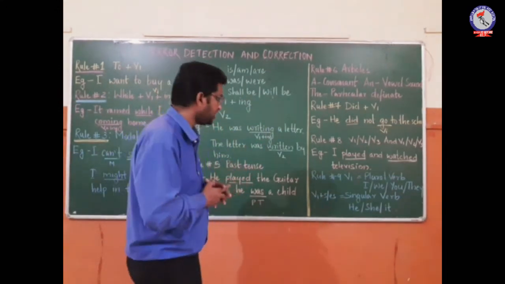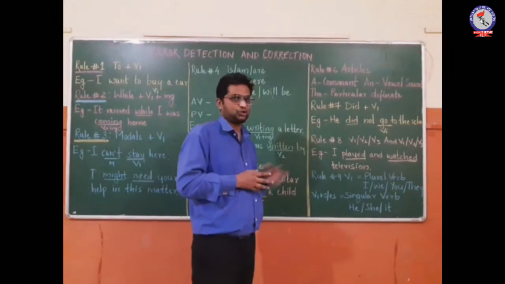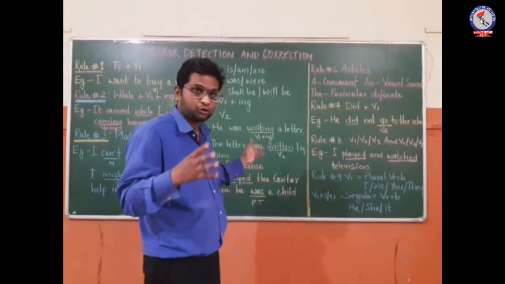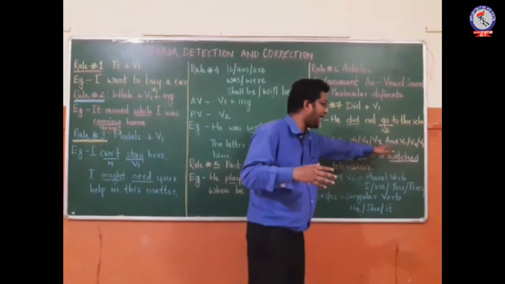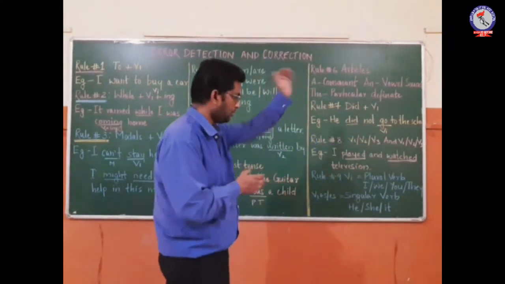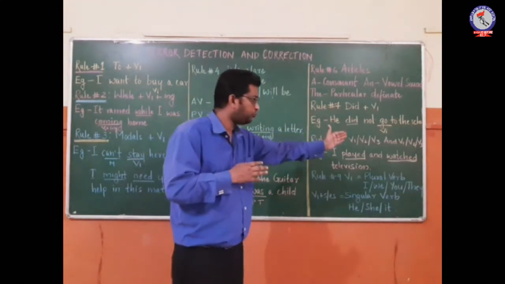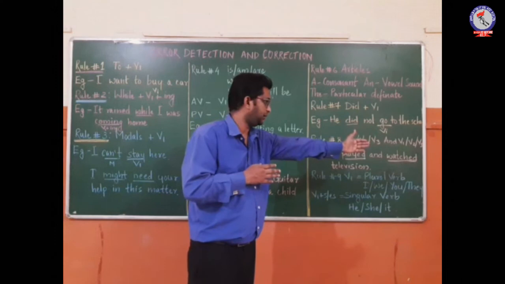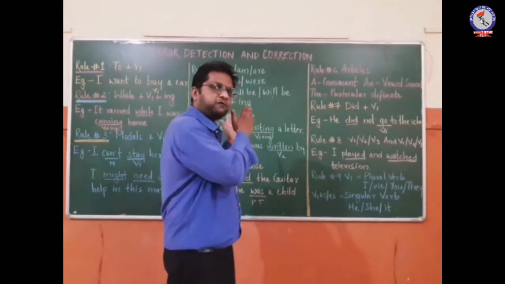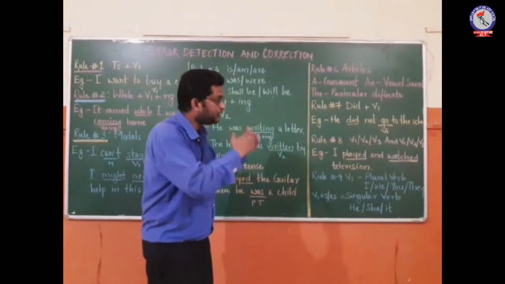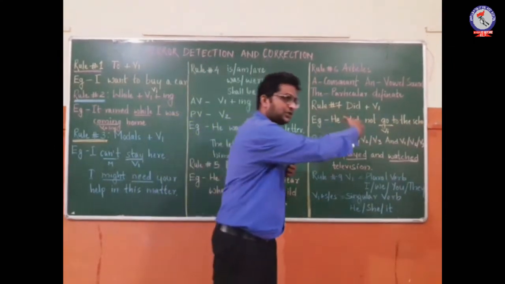Now let's see rule number 8 that says about conjunctions. Very important rule. Conjunction, that is and. You see here, verb 1, verb 2, verb 3, and verb 1, verb 2, verb 3. See here, the form of verb before the conjunction will be the same after the conjunction.